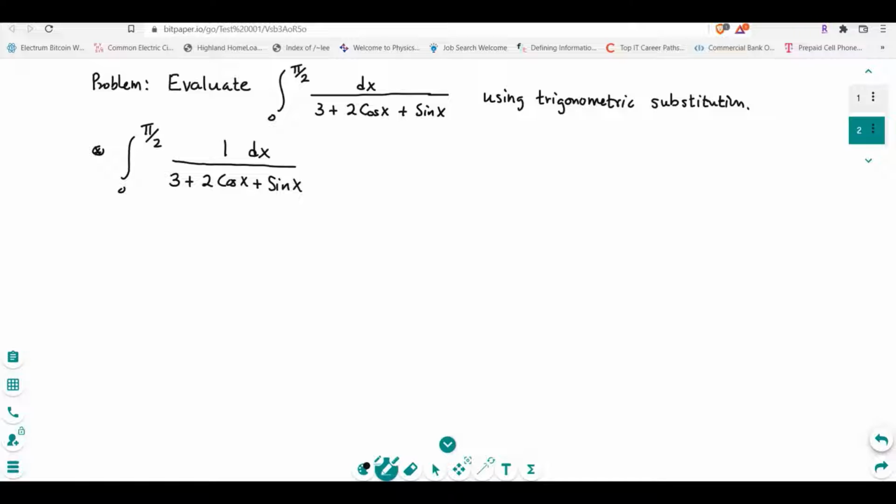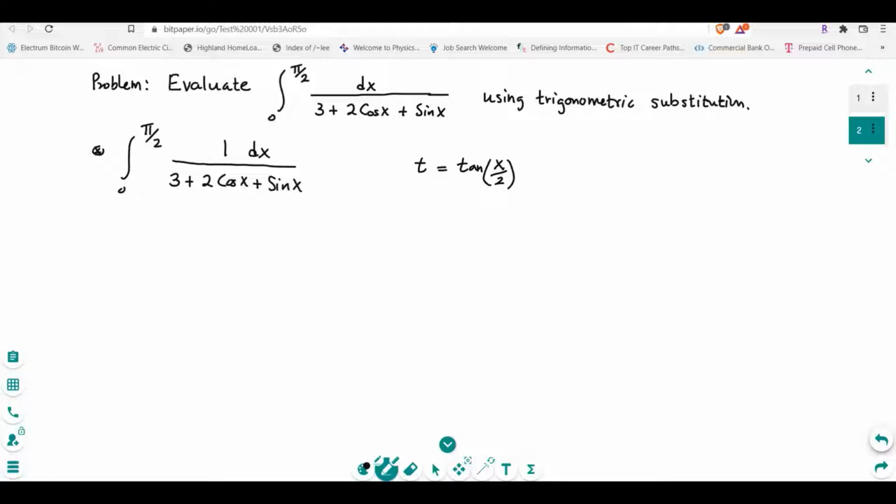So when it comes to a trigonometric substitution, I am talking about something like this. We can use t equals tangent x over 2. These are the half angle identities that you find in trigonometry.